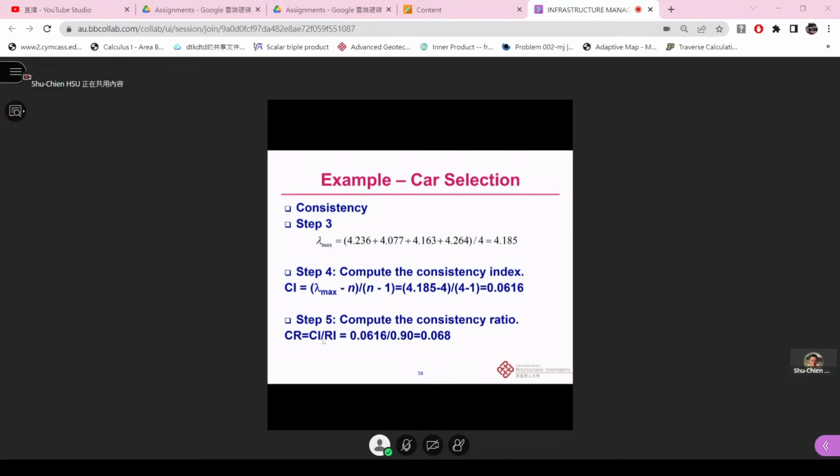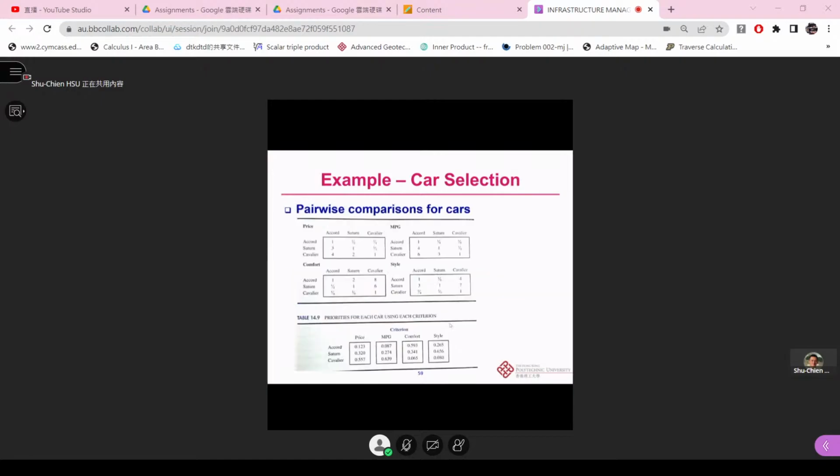Finally, we use CI divided by RI, then we get 0.068, which means it fits the criteria and is less than 0.1. So it means that those weightings, those subjective views that we put there, are reasonable. We can do further calculation because the consistency ratio is acceptable.